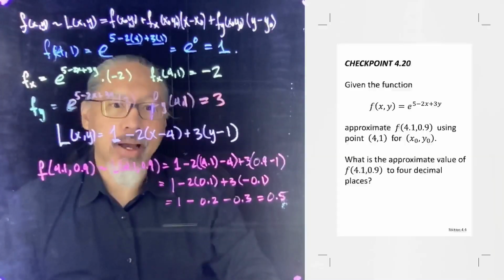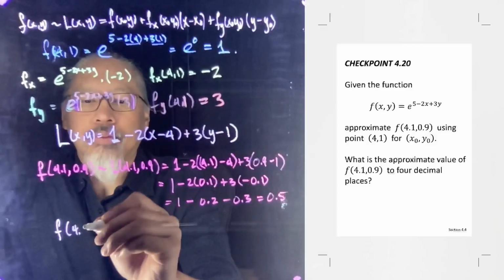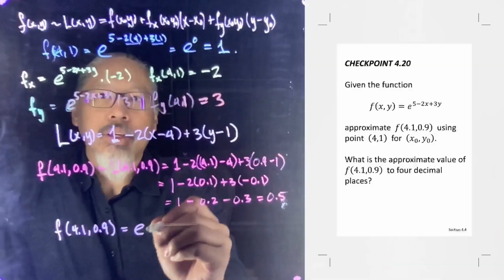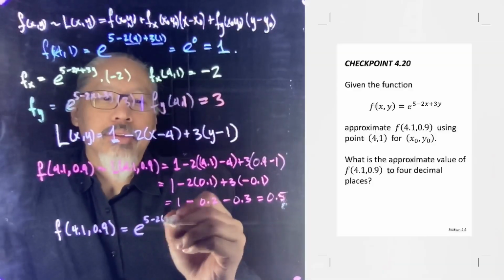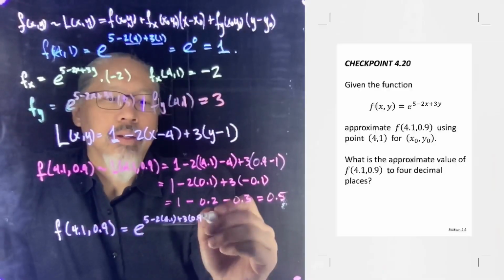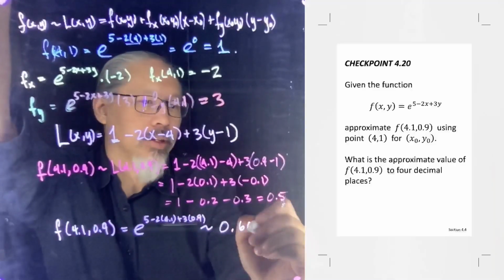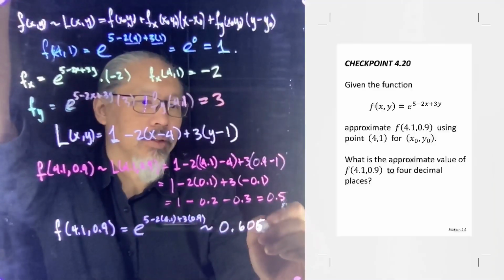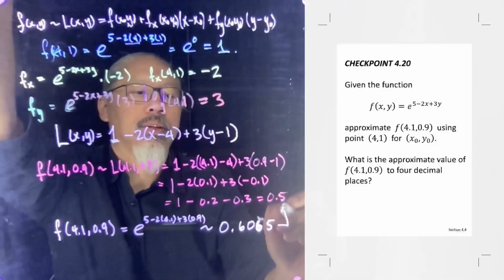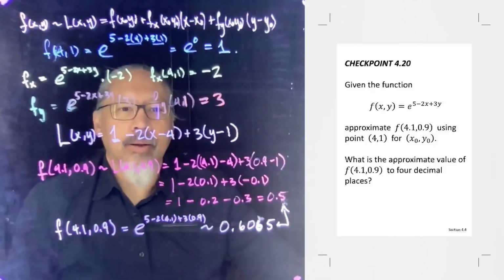If we compare this with the actual value of f of 4.1, 0.9, this is going to be e to the 5 minus 2 times 4.1 plus 3 times 0.9, and I put that in the calculator and I got 0.6065, which is fairly close to our linear approximation at that point. Okay, I hope that helps.